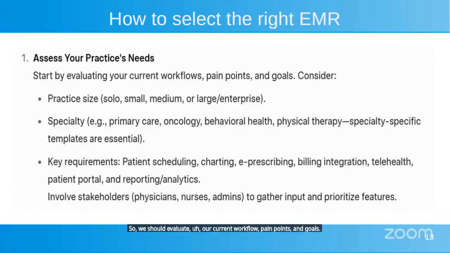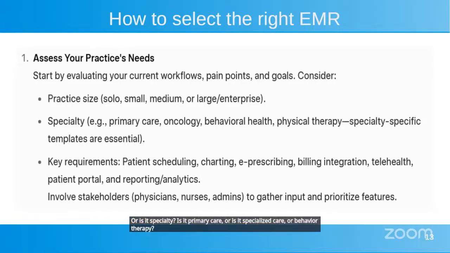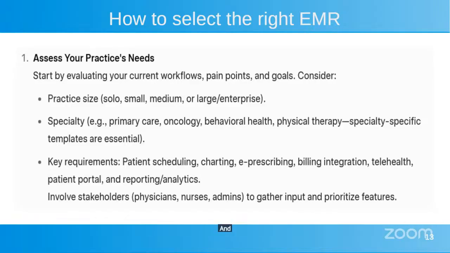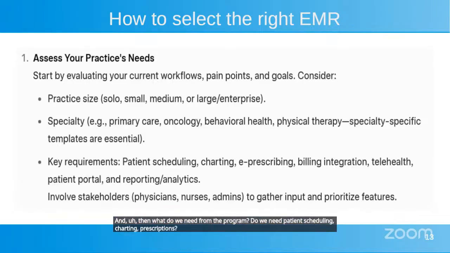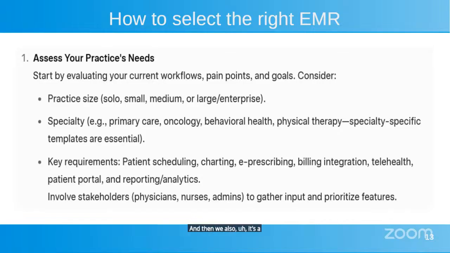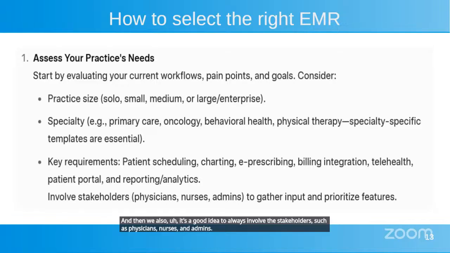We should consider our practice size, whether it's small or large, and whether it's primary care, specialized care, or behavioral therapy. Then what do we need from the program? Do we need patient scheduling, charting, prescriptions? It's also a good idea to always involve stakeholders such as physicians, nurses, and admins to gather input from them.